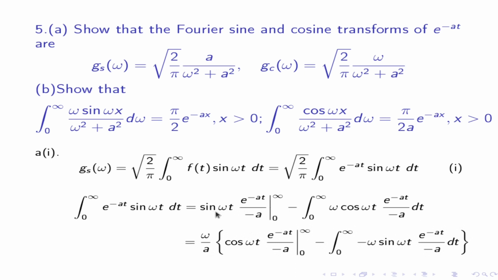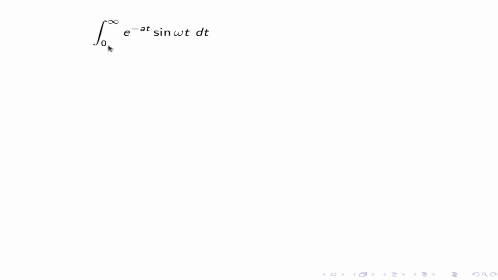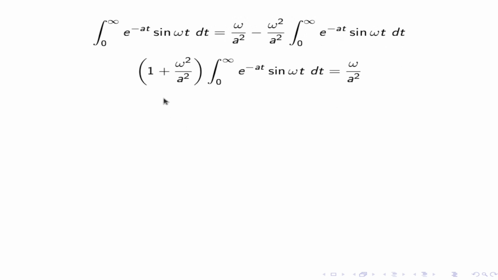So this is 0, and again integrating by parts, cos omega t is the first function, e raised to minus at by minus a is the integral of the second, minus integral of the differential of the first times integral of the second. Therefore, integral 0 to infinity e raised to minus at sine omega t dt is omega square by a square times the same integral, or 1 plus omega square by a square times integral 0 to infinity e raised to minus at sine omega t dt is equal to omega by a square.